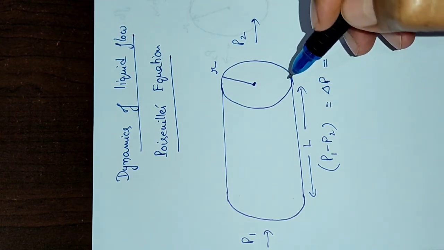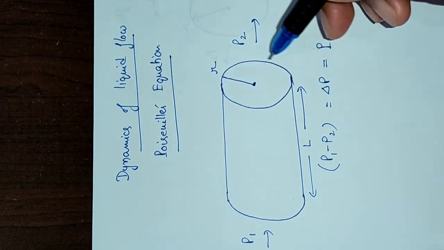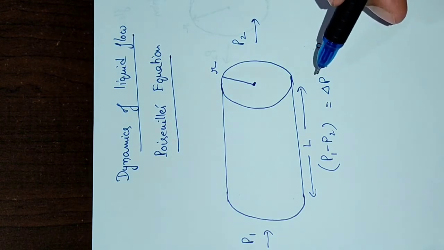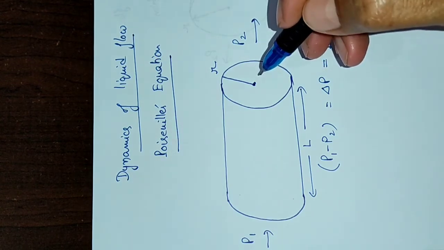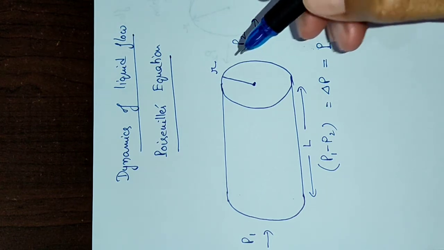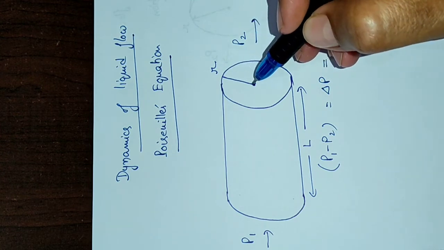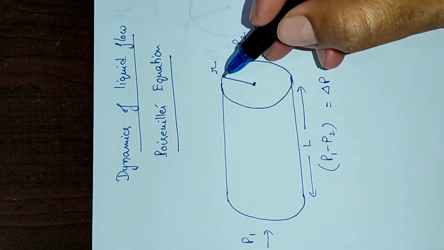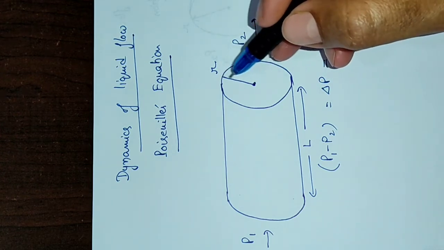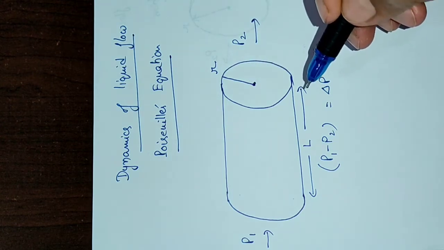Now the liquid layer, which is in contact with the inner wall of this pipe, will remain stagnant. Its velocity will be 0. And as we approach towards center, it increases and the velocity becomes maximum at the center.